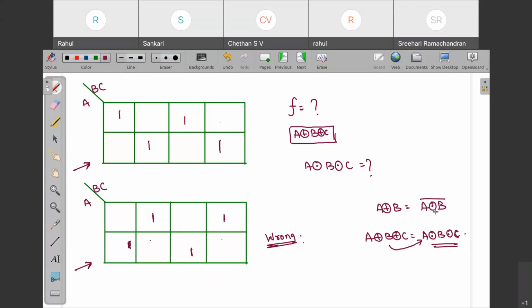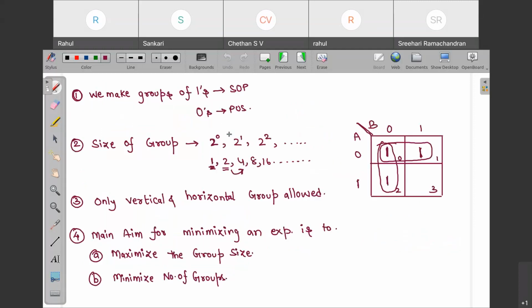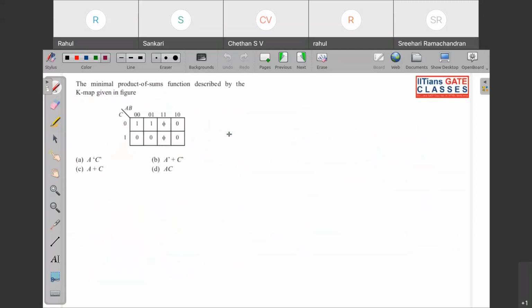If it has an even number of inputs, it acts as the complement of XOR. So over here, these are an odd number of inputs, so whatever is the KMap for XOR, the same will be the KMap for XNOR. Did we understand? Yes, sir. So you were making a mistake.